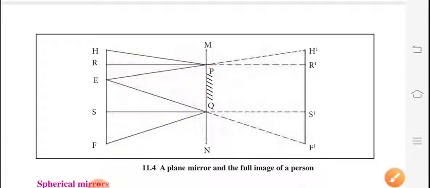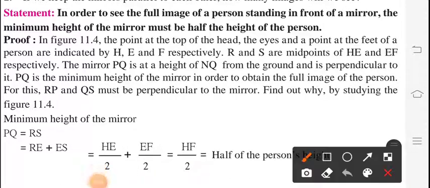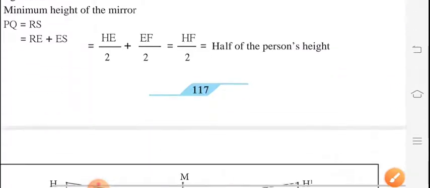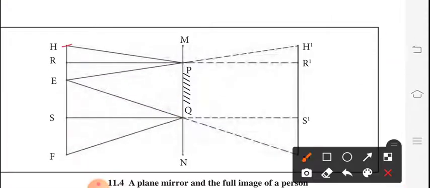Okay, what about the reflection part? So here is the proof of the same. The points at the top of the head, the eyes, and the feet of the person are denoted by H, E, F respectively. H is head, E is eyes, F is feet.